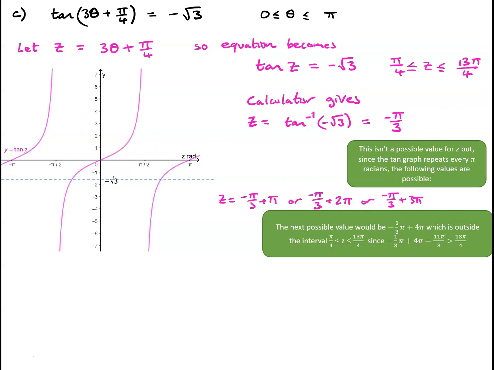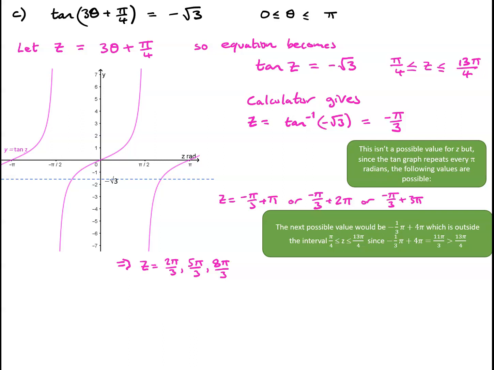So the solution of the equation tan z equals minus root 3, where z lies between pi by 4 and 13 pi by 4, is given by z equals 2/3 pi, 5/3 pi, or 8/3 pi.